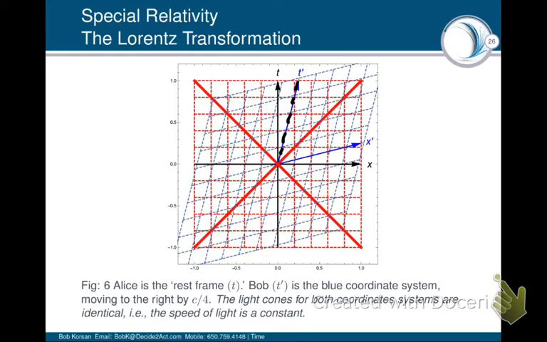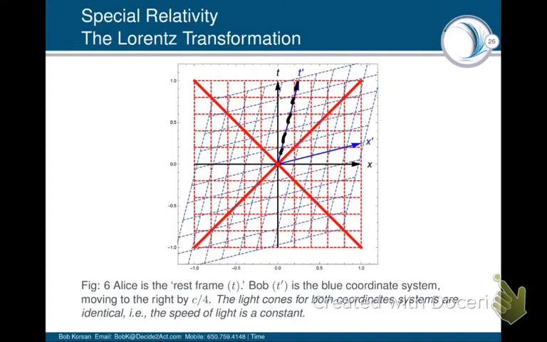Anytime you want to know where the coordinate system of somebody who's moving relative to somebody else is, just draw the trajectory, and lo and behold, you will have the time axis of Bob.